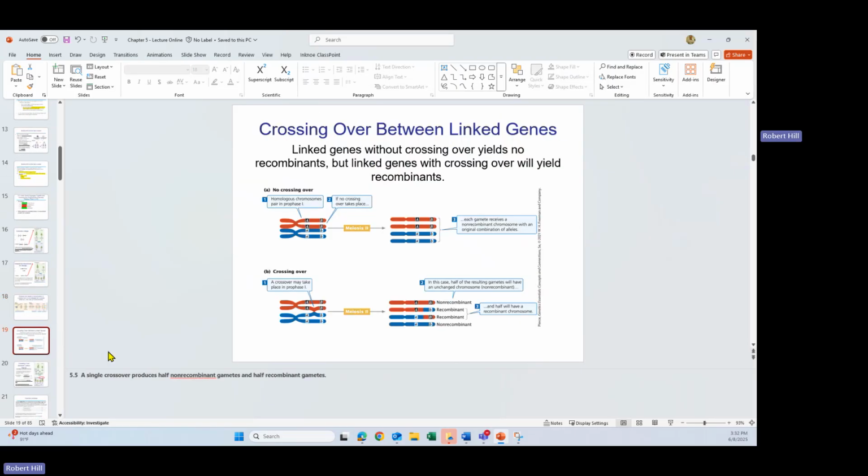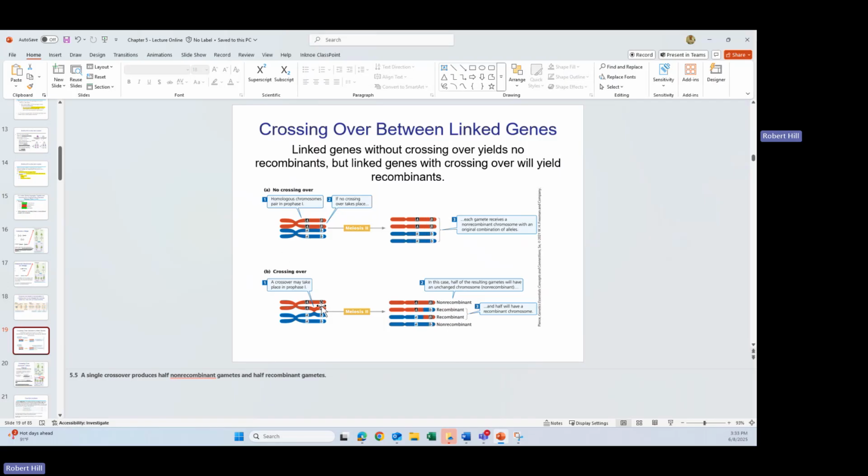Okay, so all right, so let's look at this. Crossing over, this is going to be linked genes, and we know they're linked because look, A and B are going to be linked because they're on the same chromosome. Okay. When genes are linked, but there's no crossing over that occurs, which is what's going on here, you don't have any recombinants, right?